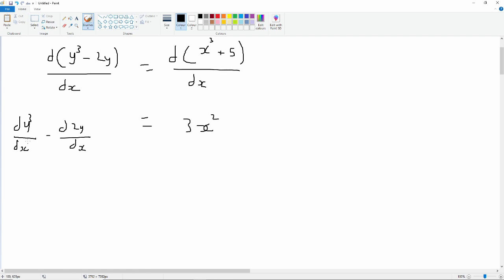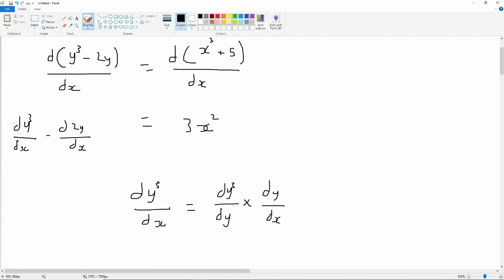Now we remember our chain rule. We can say d of y cubed by dx is equal to d of y cubed with respect to y multiplied by dy by dx.